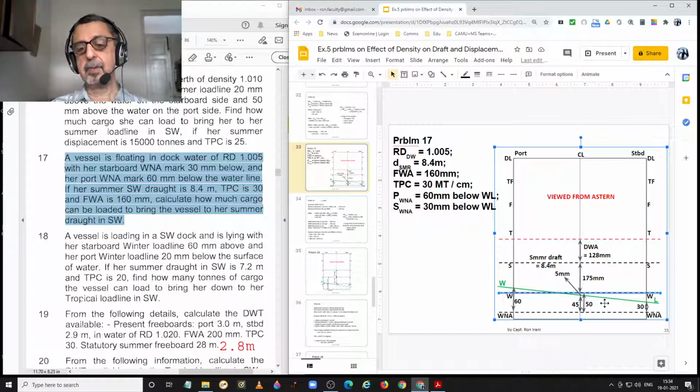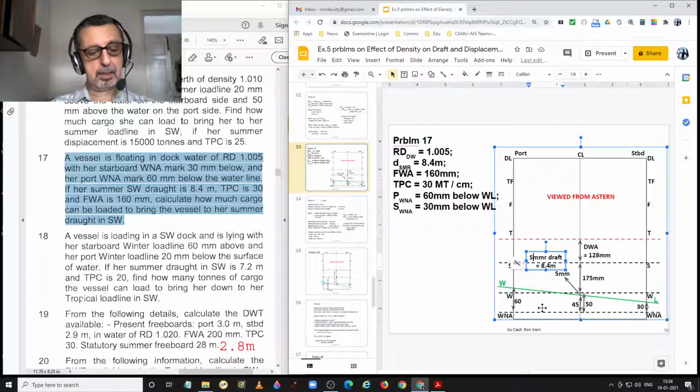Now, given to us in the problem is freshwater allowance 160 millimeters, TPC 30 metric tons per centimeter. We have to find the height between the summer and the winter load lines. To find this, we need to know the summer draft, and that is given to us in the problem as 8.4 meters.